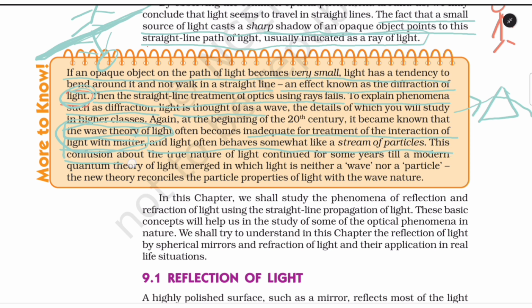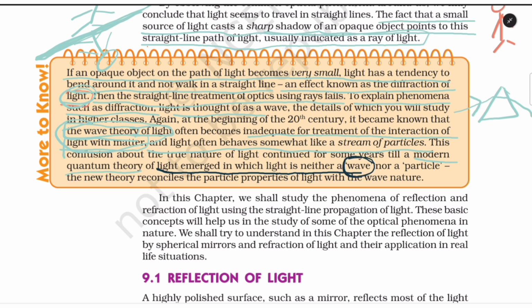This conclusion about the true nature of light continued for some years till the modern quantum theory of light emerged, in which light is neither a wave nor a particle.